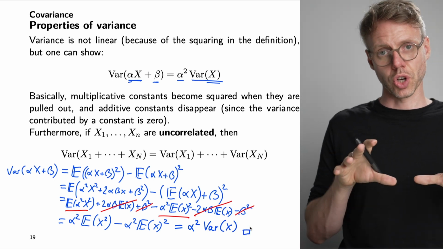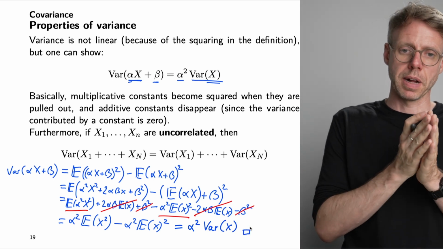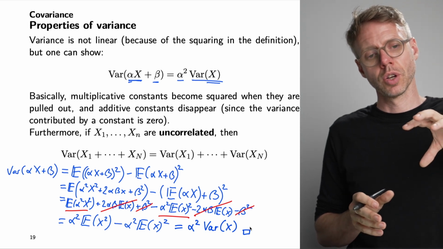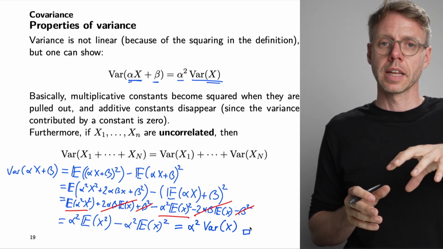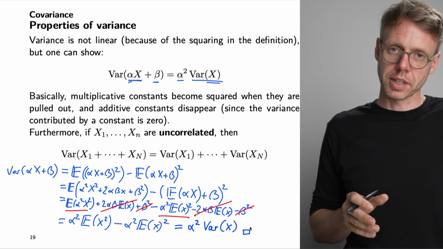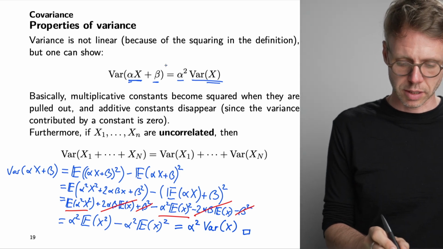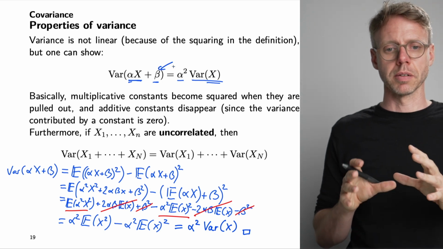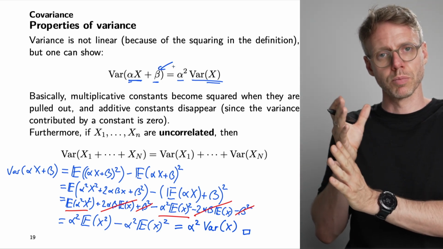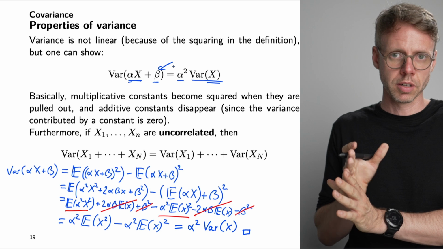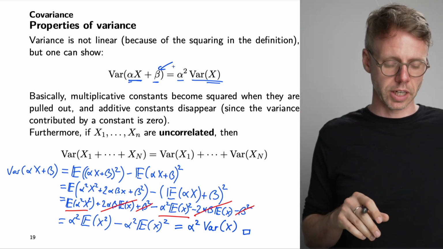So what we have just shown is that multiplicative constants on random variables are pulled out and squared, and additive constants, such as this beta here, disappear because they just move the expectation, which then is again subtracted.